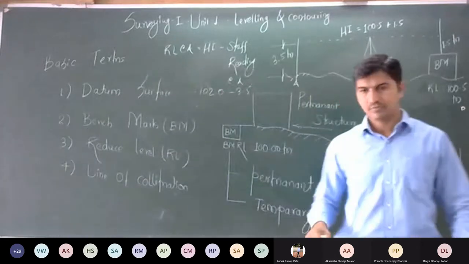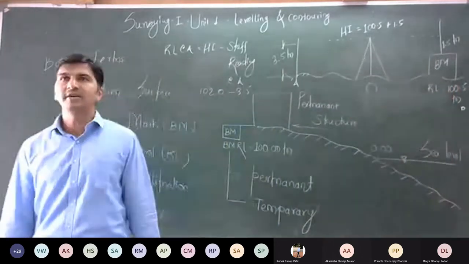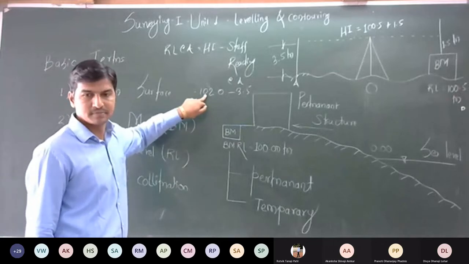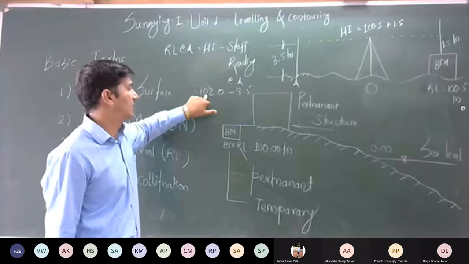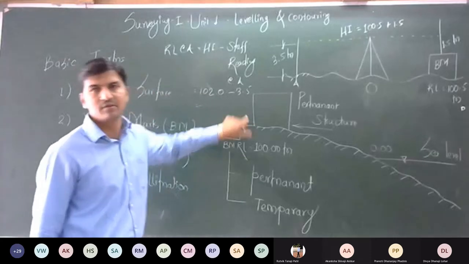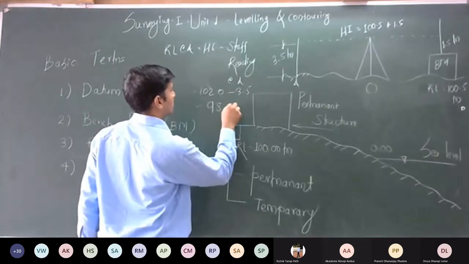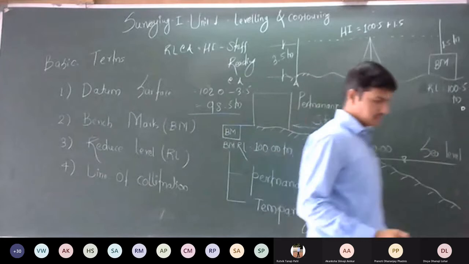Second year, without using a calculator, tell me the answer. 102 minus 3.5. Is it correct?